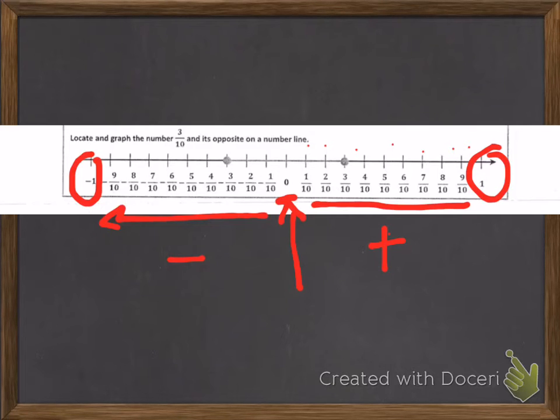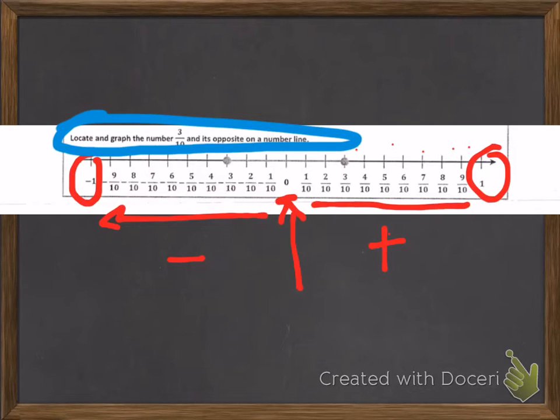Okay, so the directions here say locate and graph 3/10 and its opposite. So they have located 3/10 right here, 3 out of the 10 segments, and the opposite is 3 spaces from 0, the same distance.